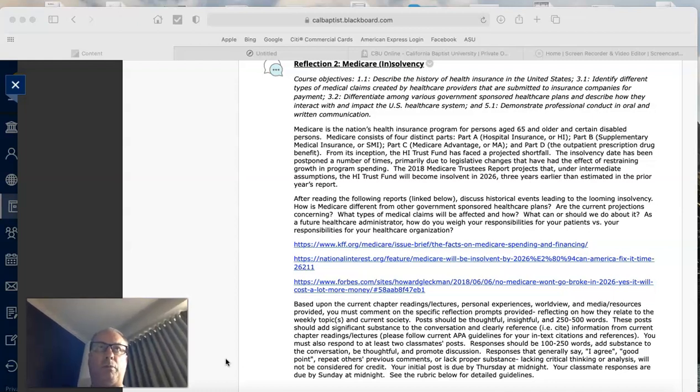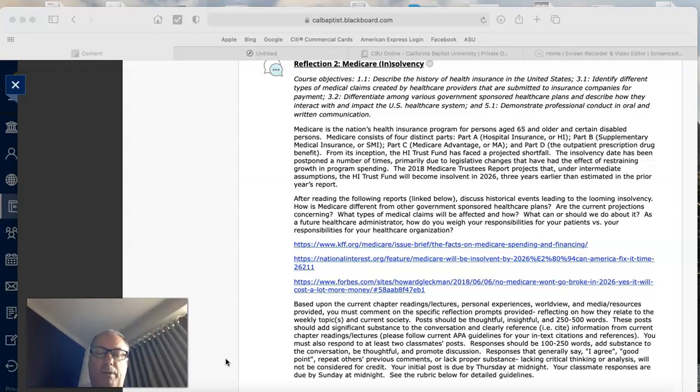Please make sure that you proof for solid sentence structure and grammar and things like that. Your post should add significant substance to the conversation and clearly reference information from current chapter readings and lectures. Make sure that you're following APA guidelines for your in-text citations and references.